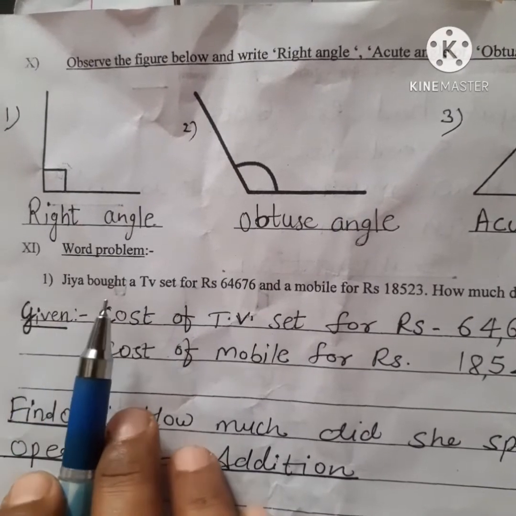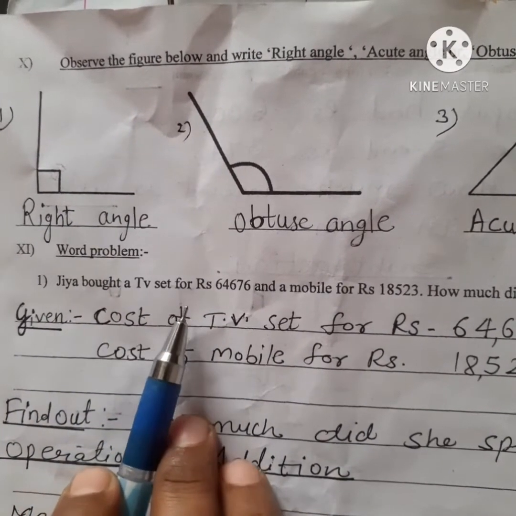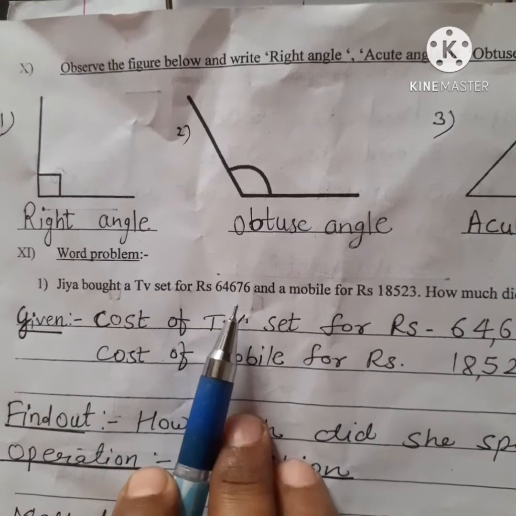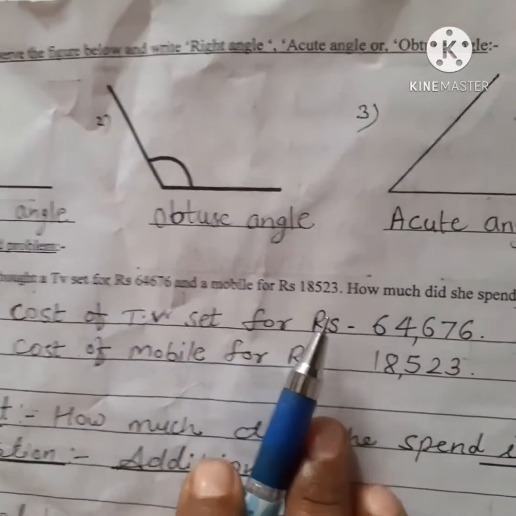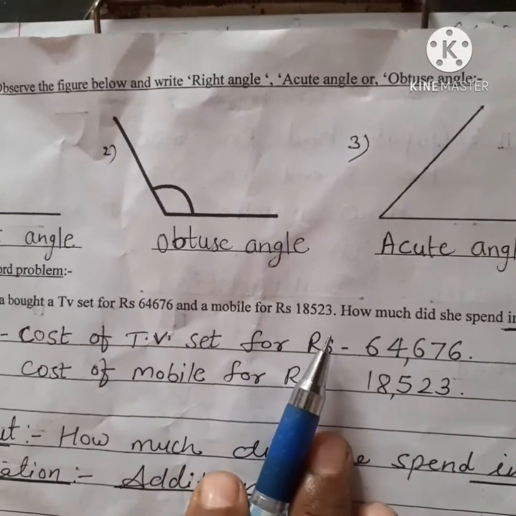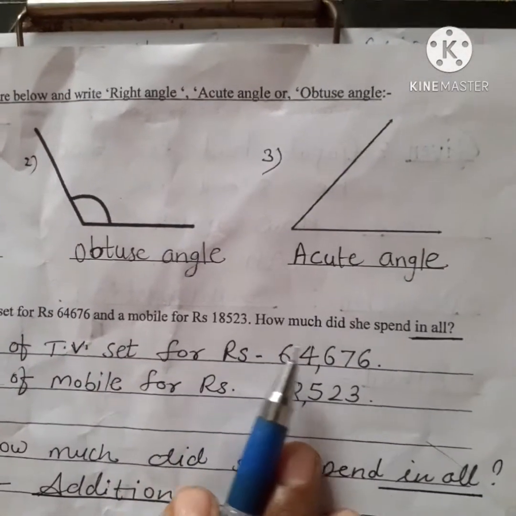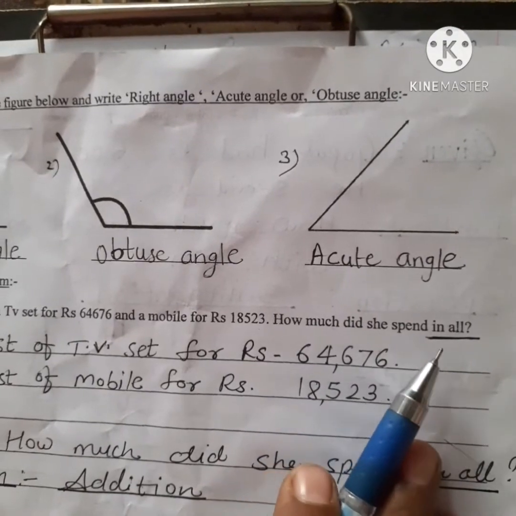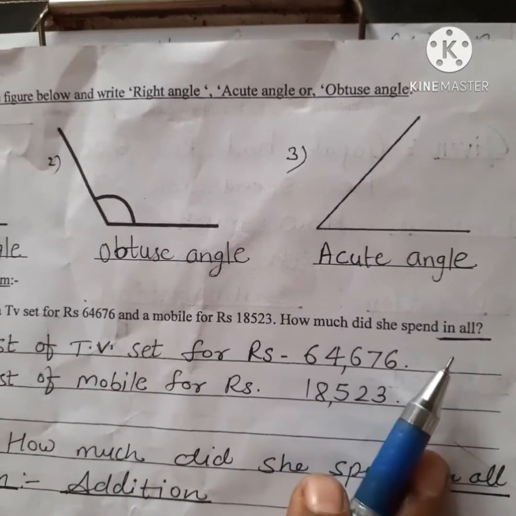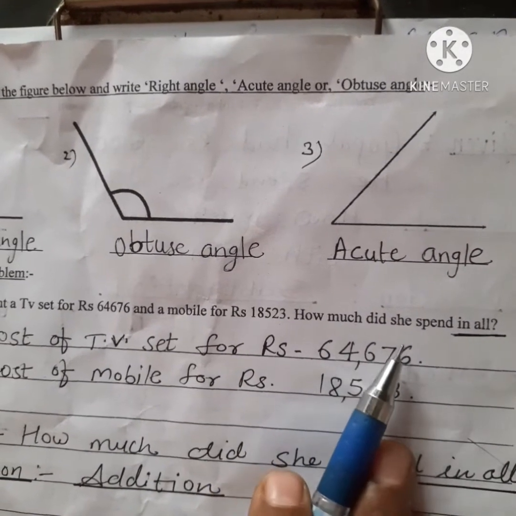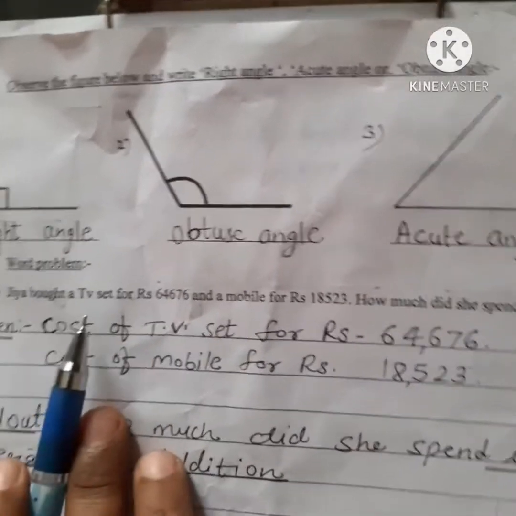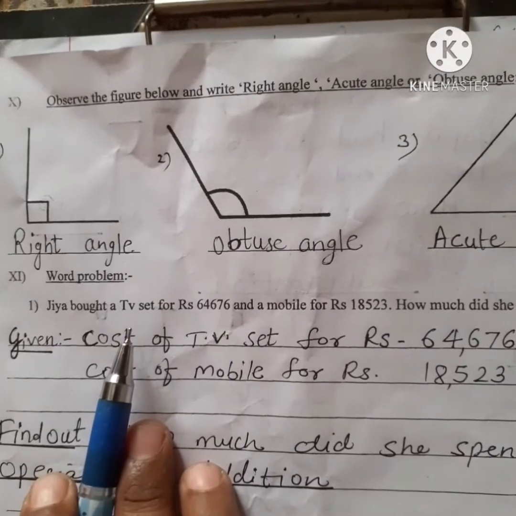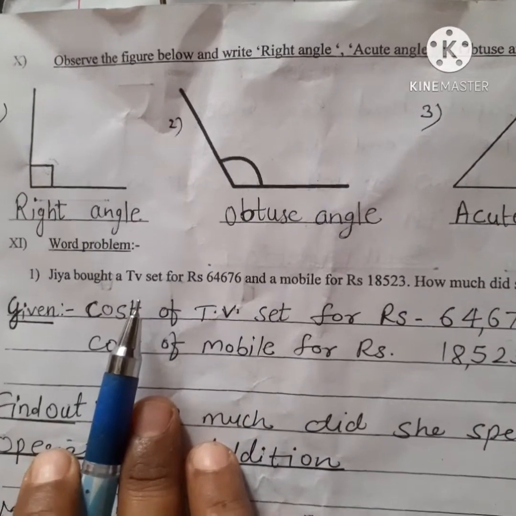Question number 1, Jia bought a TV set for rupees 64,676 and a mobile for rupees 18,523. So how much did she spend in all? You can see here in the question, how much did she spend in all? In all, you have to underline, and again you try to find out whether this question is addition, subtraction or multiplication. How will you come to know?